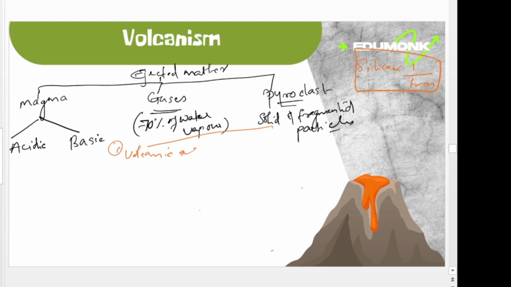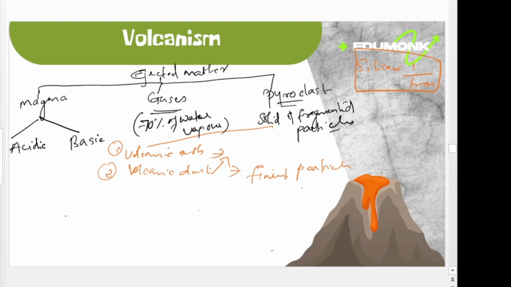Volcanic ash. Before that we have to understand one term, volcanic dust. Volcanic dust is the finest particles. Then volcanic ash means these are bigger than the volcanic dust, but these are a kind of fragmental particles.